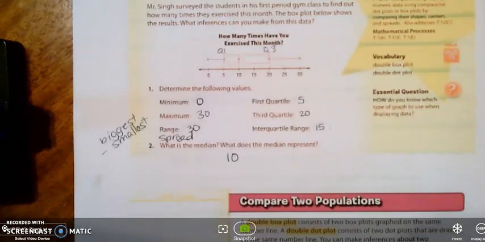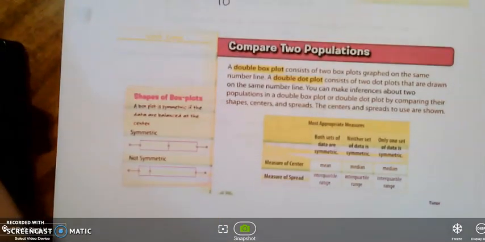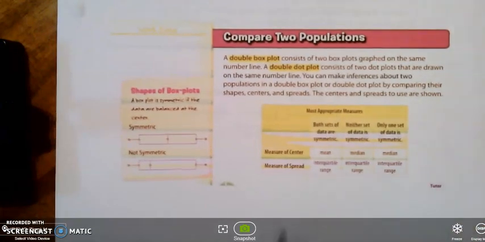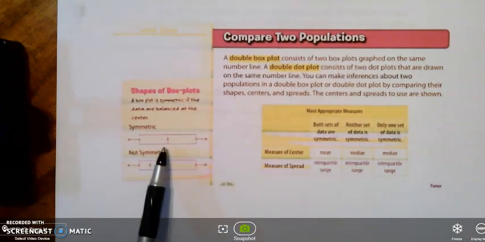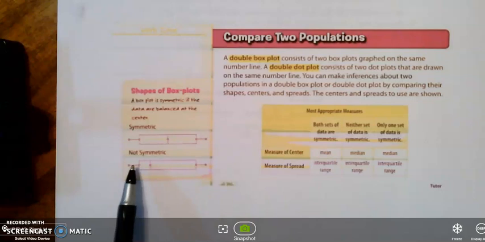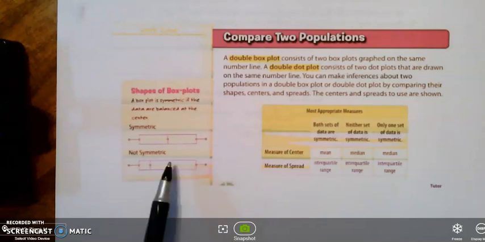And now I'm going to move down here, and this is on page 758. Okay? So this first part, these are just some notes. I'm not going to read all of this, but I think this is good for you to know. So you can see here, this is symmetric. So we can kind of see there's equal amounts on both sides from the center. This is not symmetric. Okay?